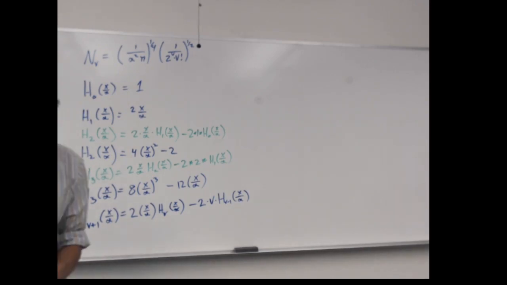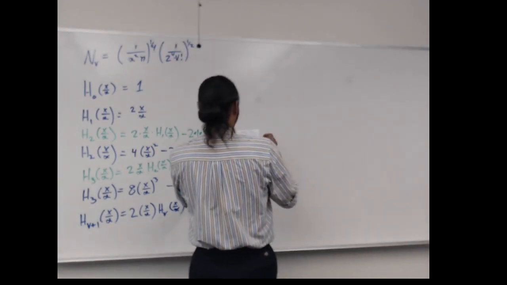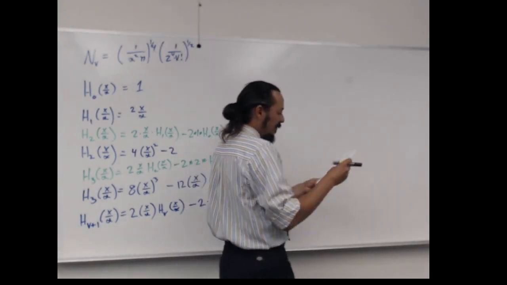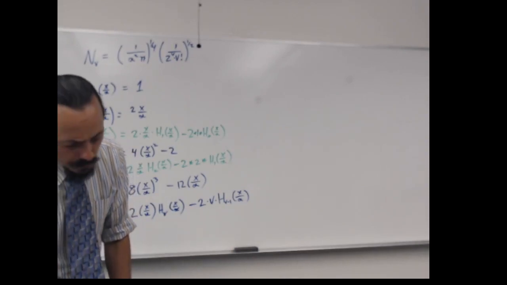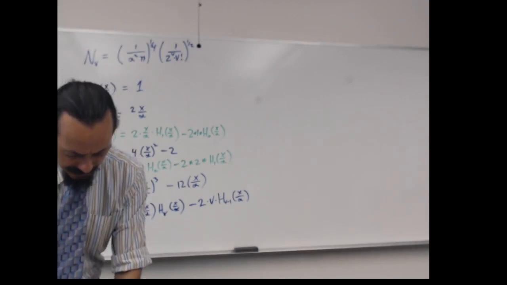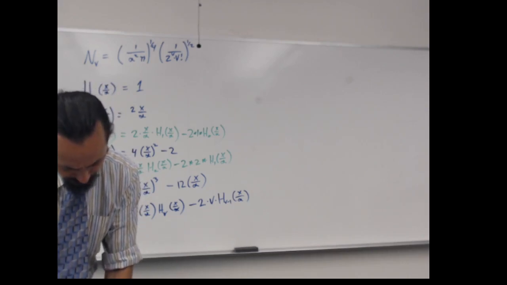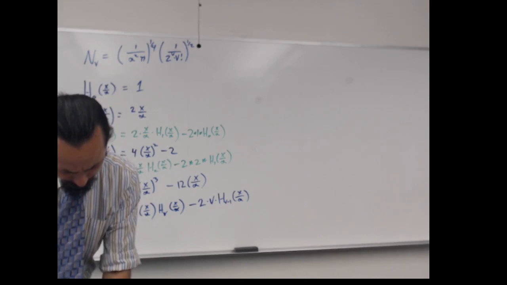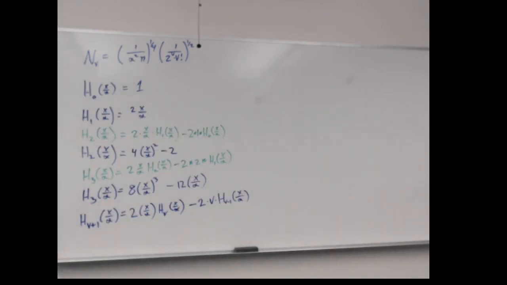Now we can go and do our typical things. We've got our normalization. We can show that they're orthogonal, and we can start calculating the energies associated with them. And we get a nice energy associated with this. With this wave function, I'll write it on the other board as well.